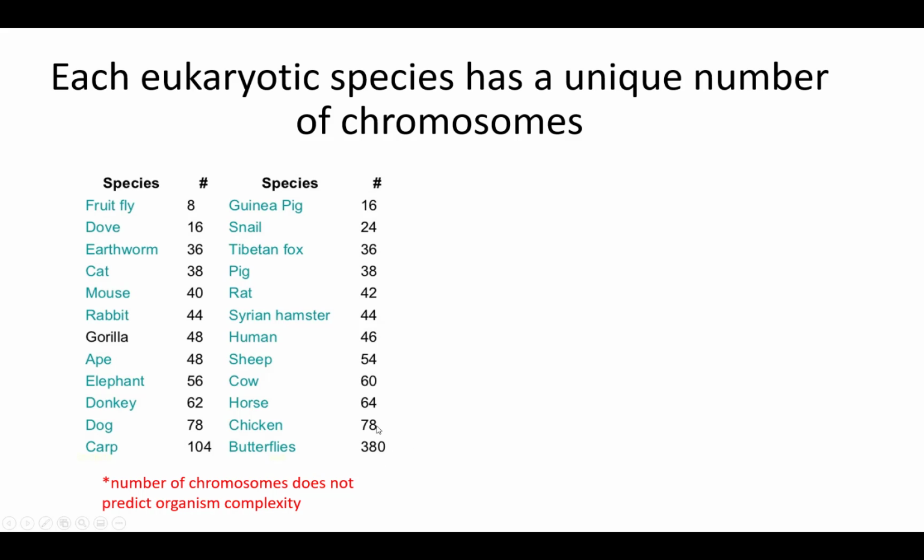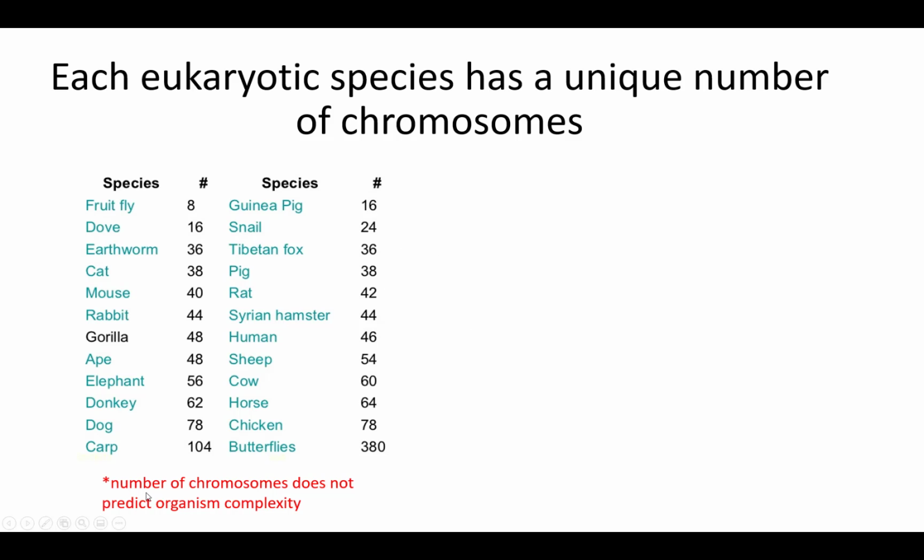So butterflies and I think ferns are another species with very, very high numbers of chromosomes. One thing I'll highlight is that the number of separate chromosomes in a species really doesn't have any relationship to how complex that organism is.